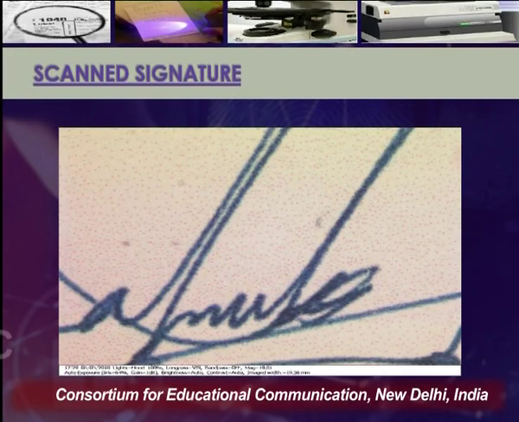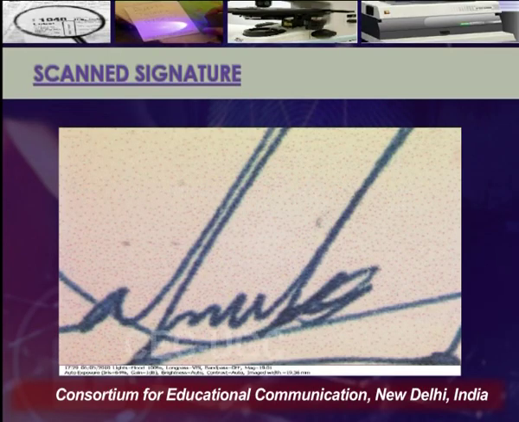But if we see a scanned signature, the ink deposition is similar at each and every point. In the magnified image we can see multicolored dots in the background, which tells us this is a scanned signature.